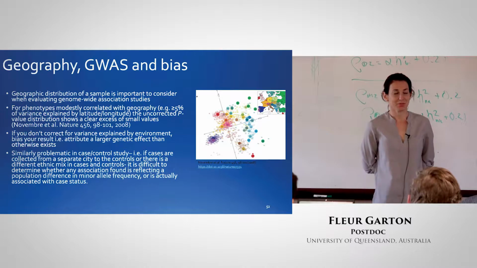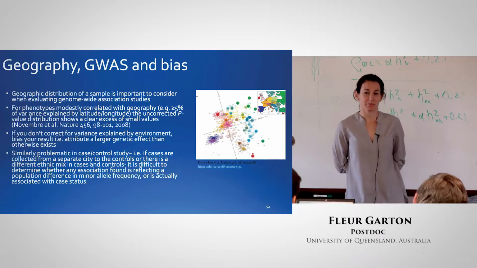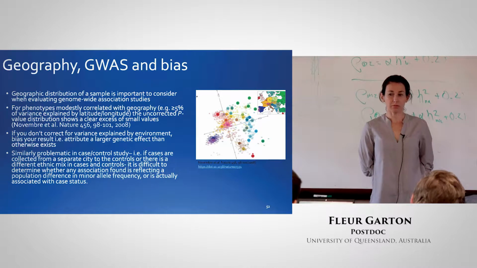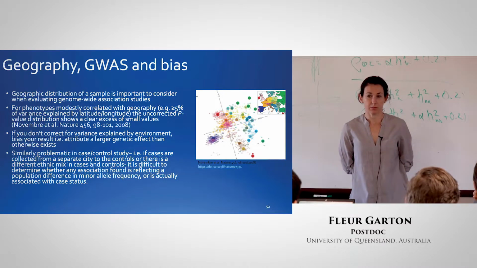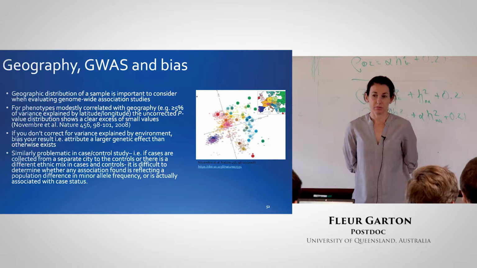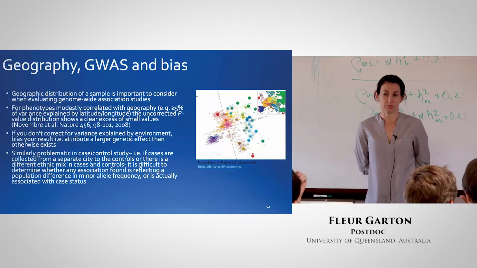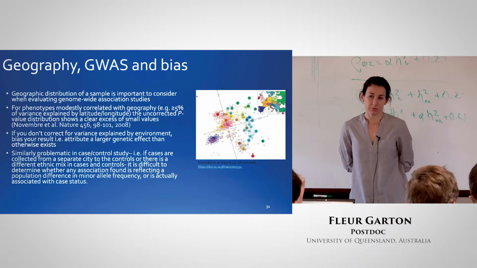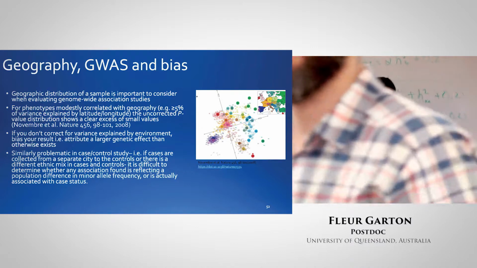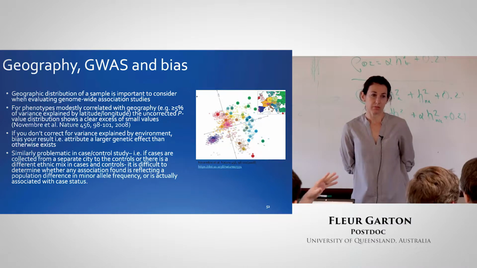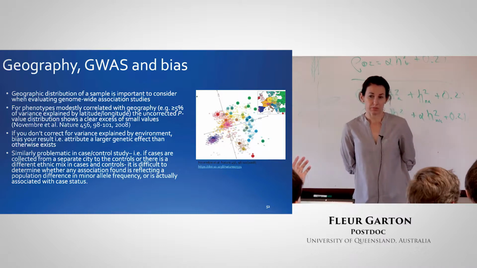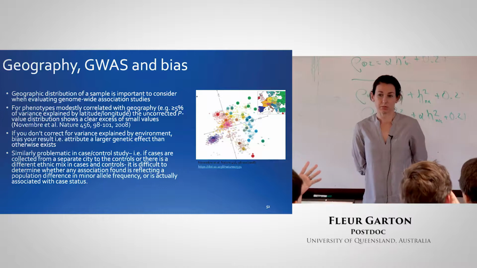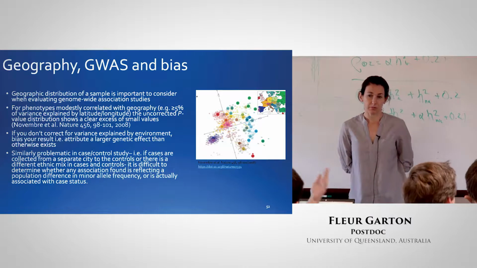So I feel like the use of principal components to deal with stuff like this is a little bit ad hoc. We do it because we know it works, or because it appears to work. When we see that if you don't use principal components, you get all these signals, and then by adding them, it behaves in a way that's consistent with what we're worried about.